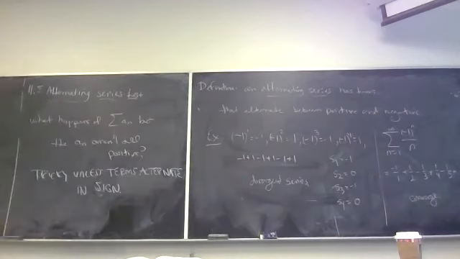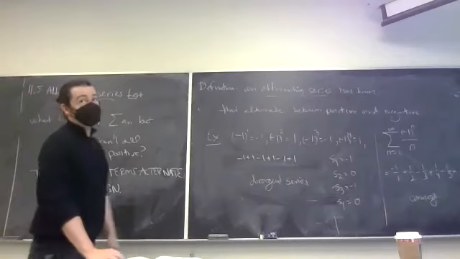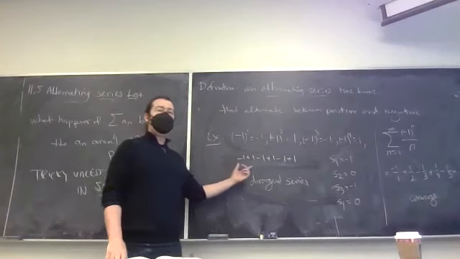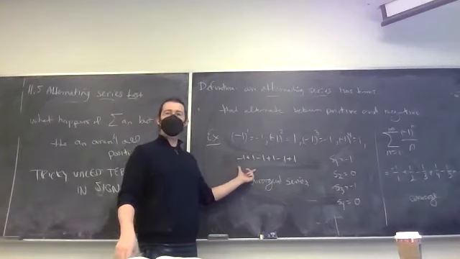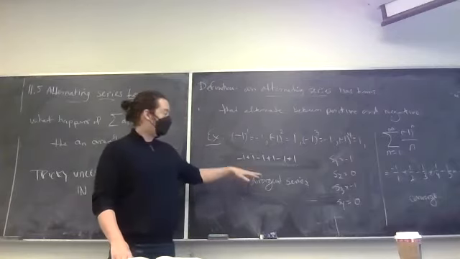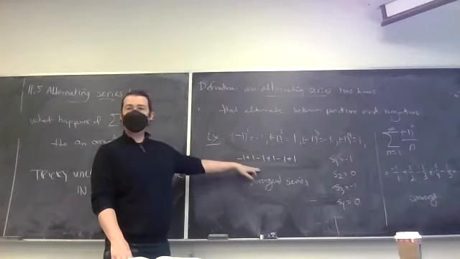The divergent one cancels out its progress. It does, but there's actually an even easier way to say that. What does the test for divergence say about this series? Test for divergence says that what has to happen in order for a series to even have a chance of converging?